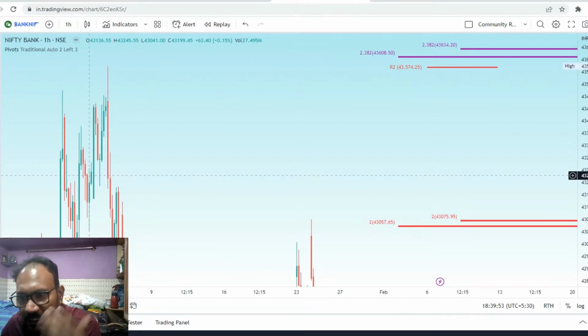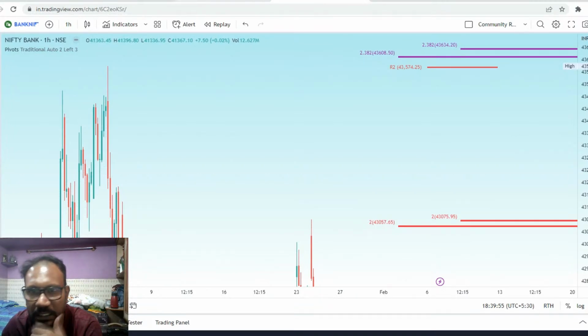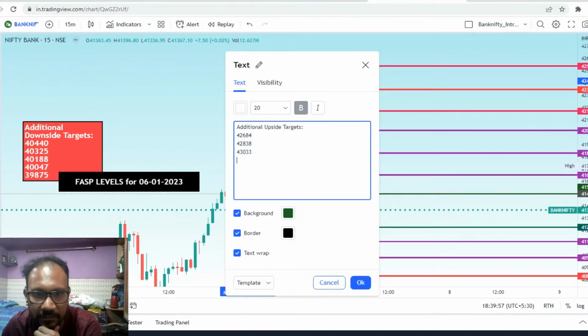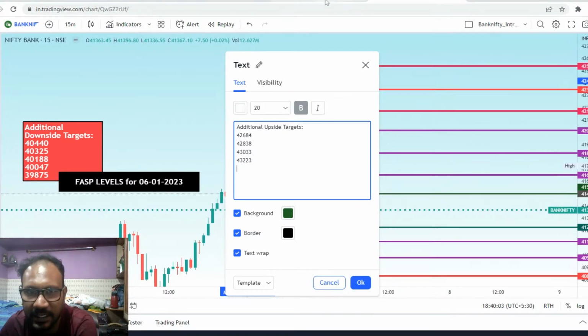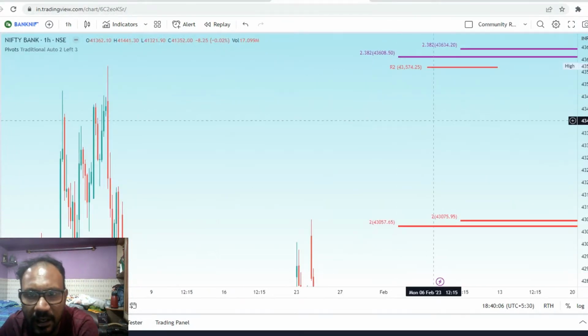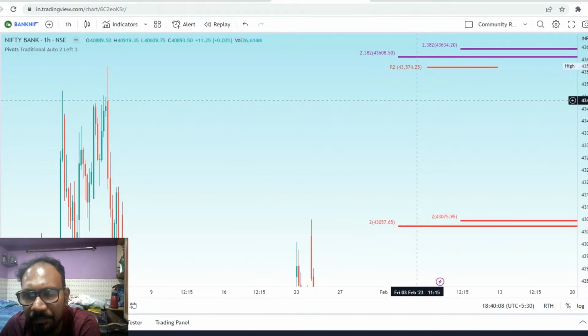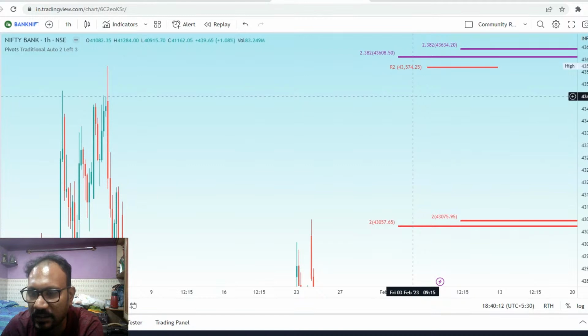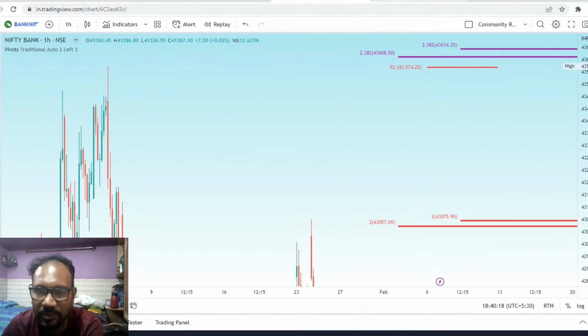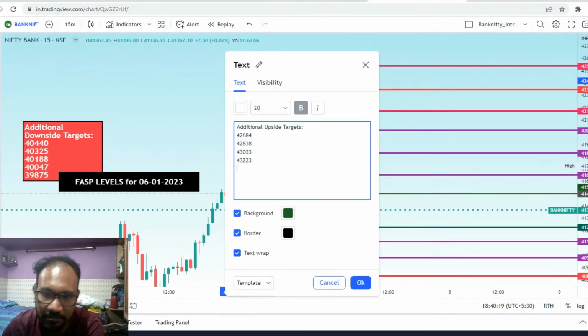So 43,223. And one last level that we can give. I think this pinnacle is good. This looks good actually. 43,445.